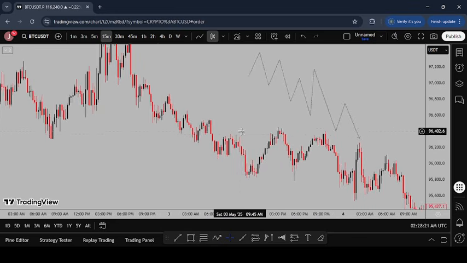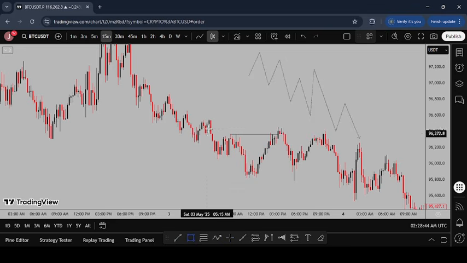So when you see this structure, lower high, lower low, respected, lower high, lower low, respected, lower high, lower low, then all of a sudden, market came back and took out what? This particular lower high, right?